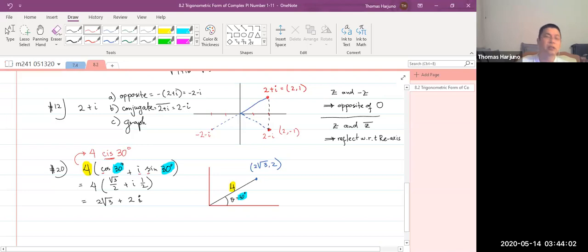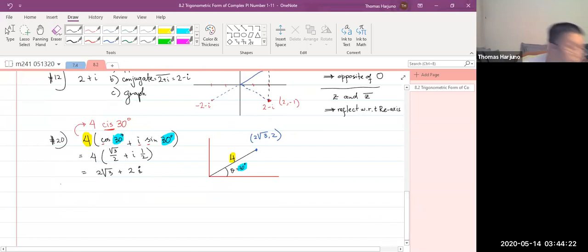That's where the cis comes from. What we learn in number 20 is to convert the trigonometric form into the standard form, which is on the easy side.